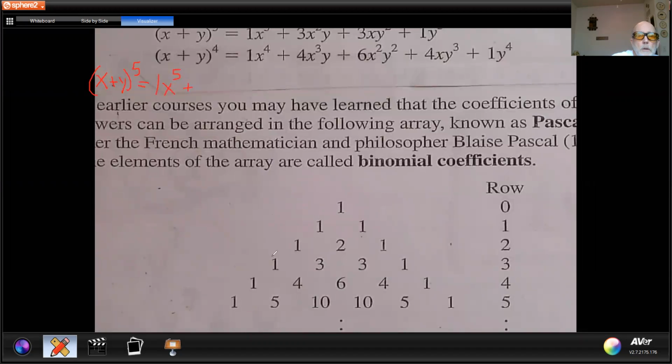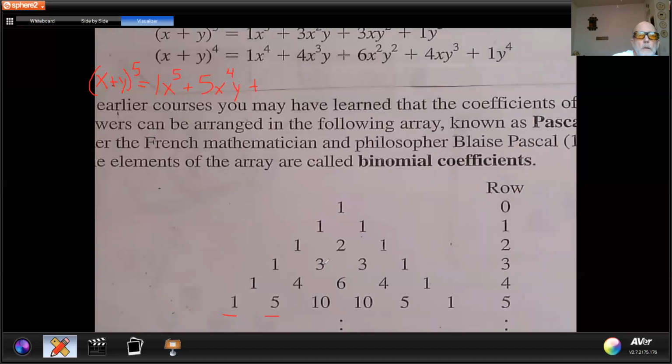Then what's the next number? I started with 1. Now the next number is 5. So I'm going to write 5x. Now remember, the x's go down and the y's go up. So this was y0. Now this one's y1.